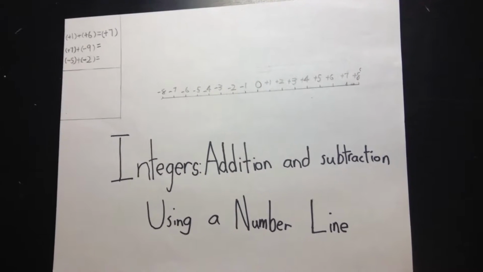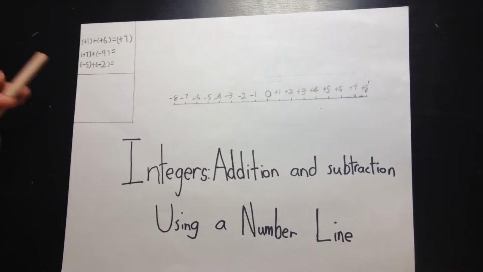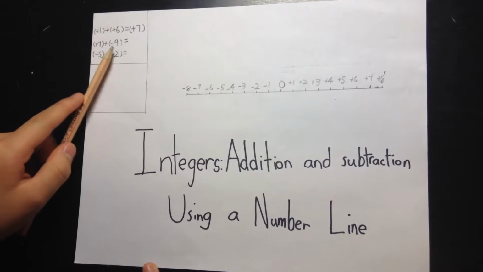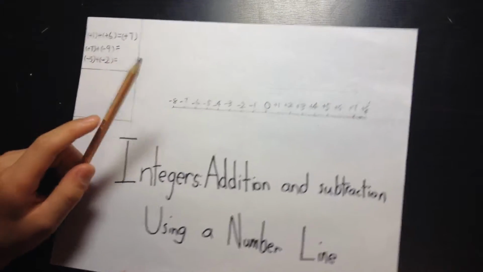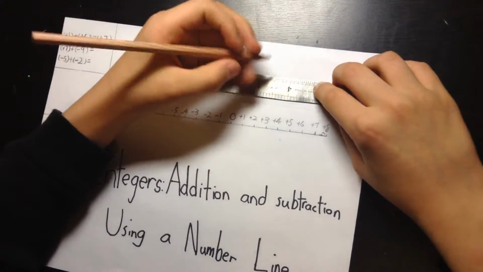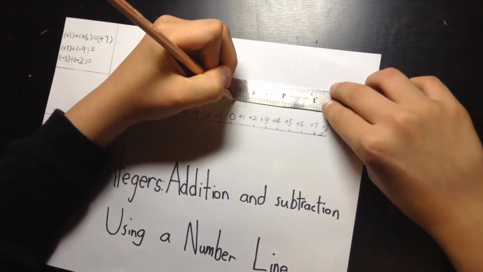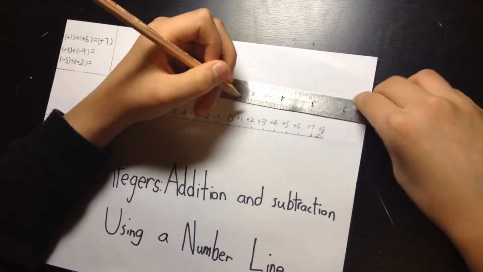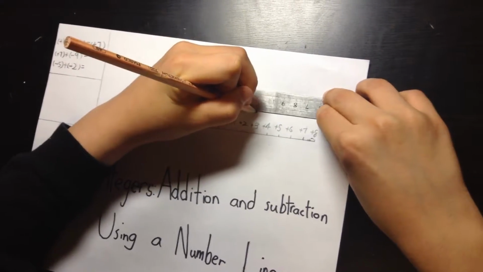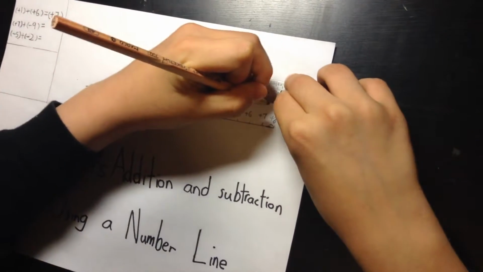Okay, so now for the second problem. The second problem is positive 7 plus negative 9. Like I said before, all positive goes to the right and all negatives go to the left. So for the positive, you count 1, 2, 3, 4, 5, 6, 7.